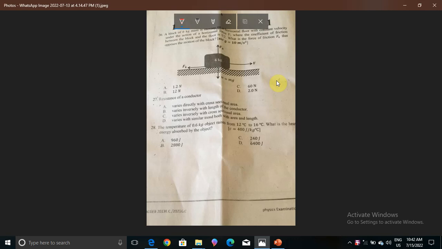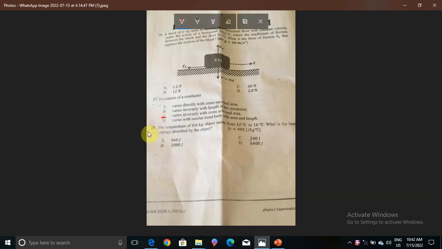The answer will be varies inversely with cross-sectional area. So the correct one will be C.